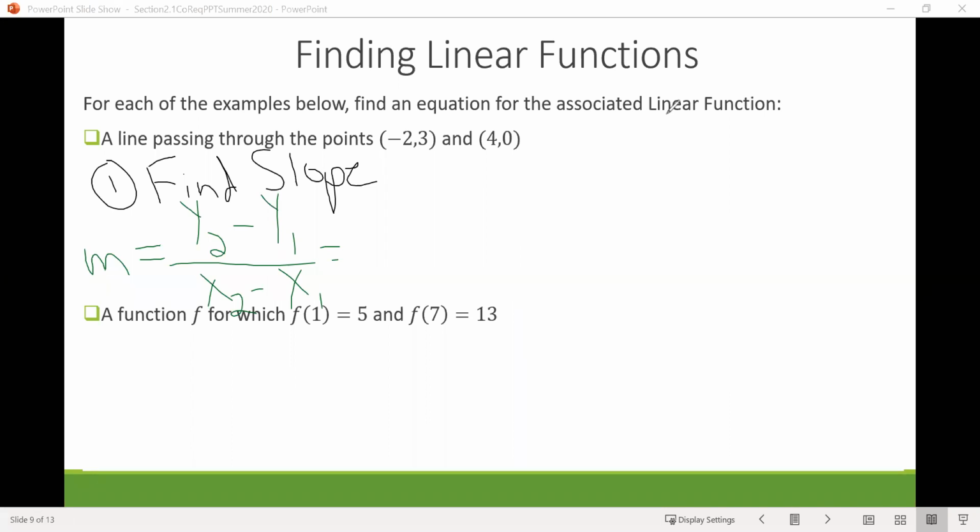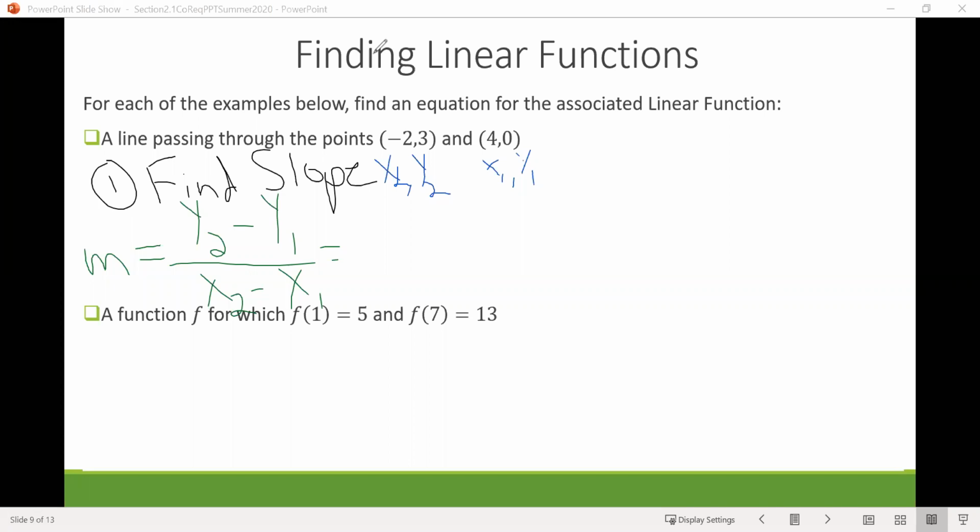What is important is if I choose this -2 to be x2, then the 3 with it has to be y2. It cannot be y1. And that would make the 4 x1 and the 0 y1. If I had made the -2 x1, then the 3 would have had to be y1. So remember that things have to match up this way.